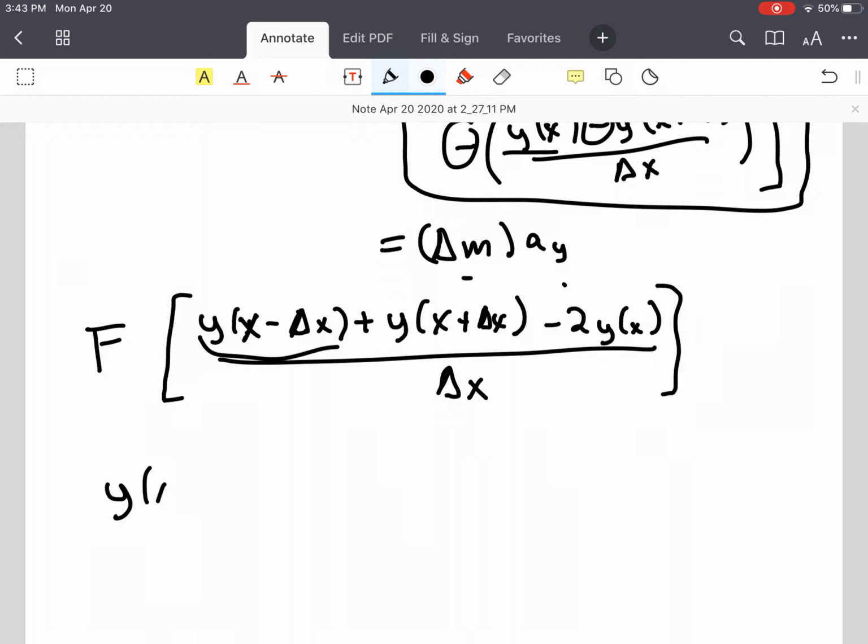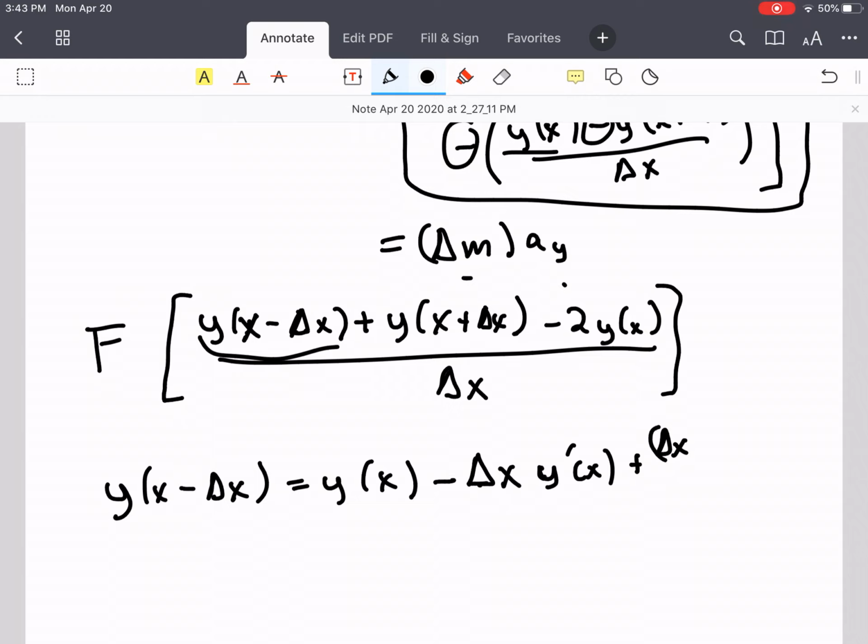So y of x minus delta x, if I Taylor series expand it around delta x equals 0, is y of x minus delta x times the derivative, y prime of x, plus delta x squared over 2 times the second derivative with respect to x, and so on.